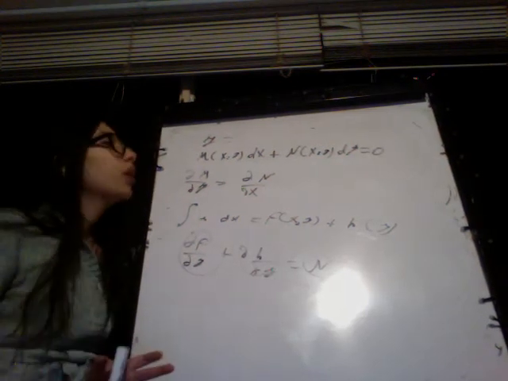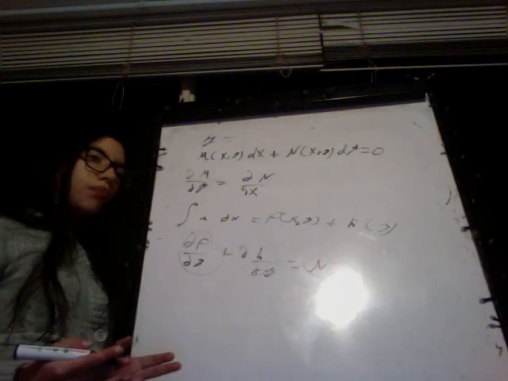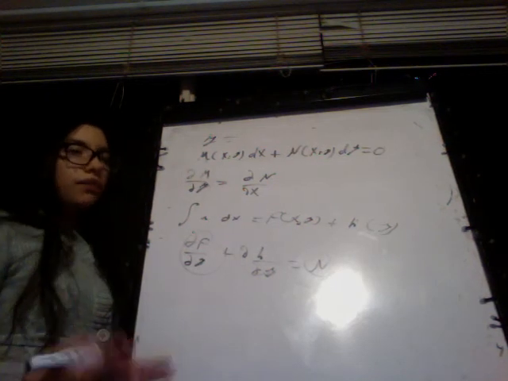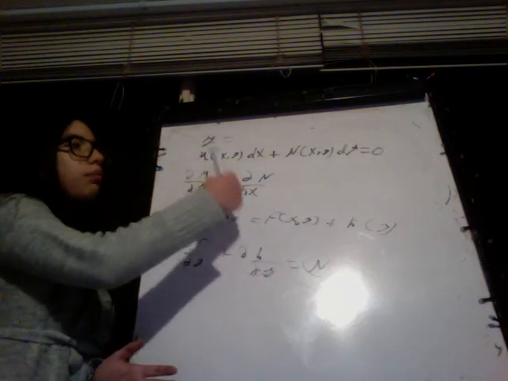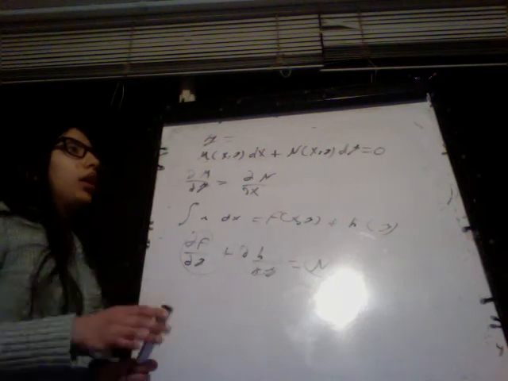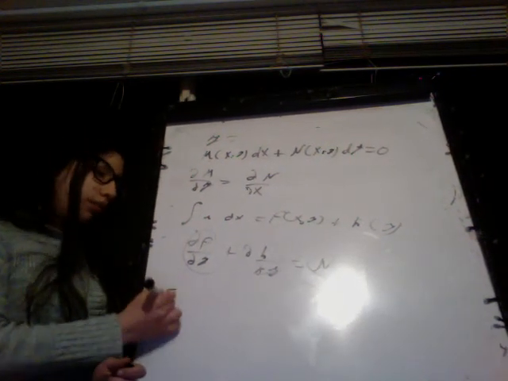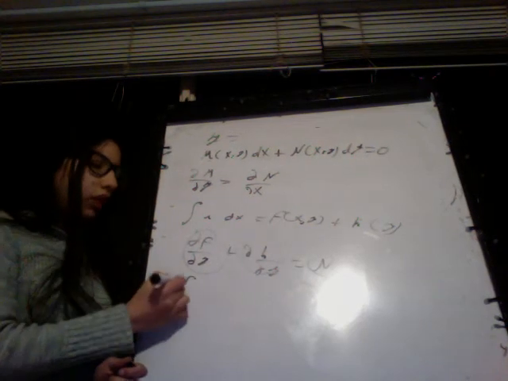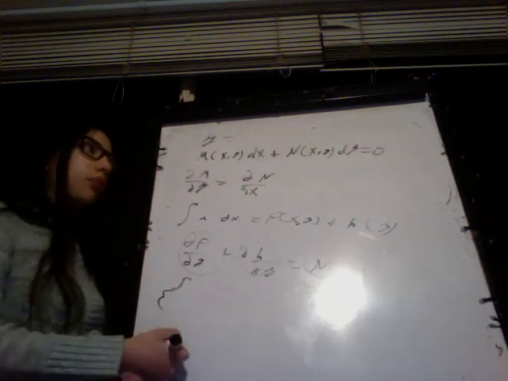But now, if the equation is not exact, you can multiply everything times an integrating factor that will make the equation exact. That is, the second mixed partial derivatives would be the same. There is a way, depending on the equation.